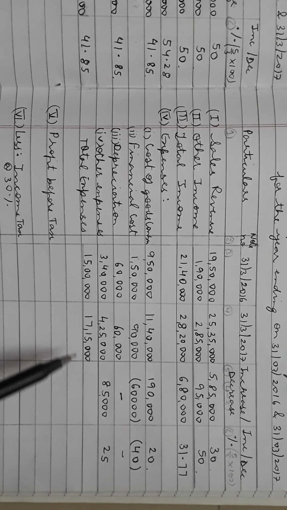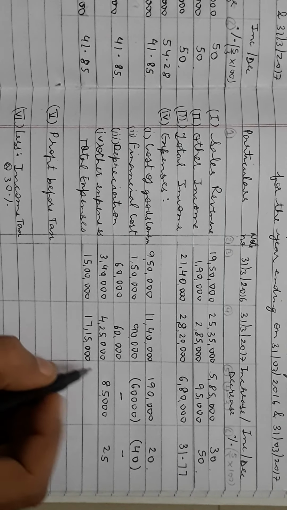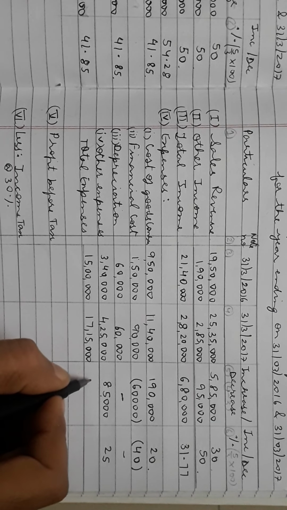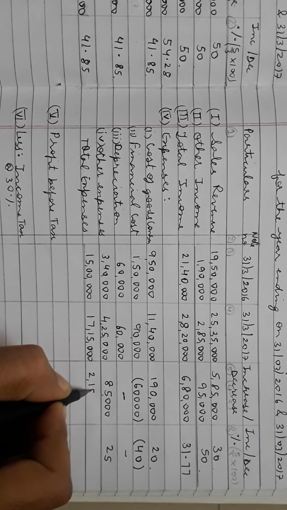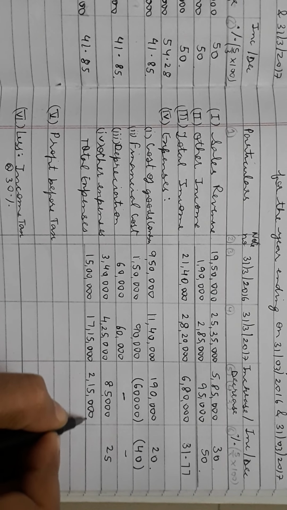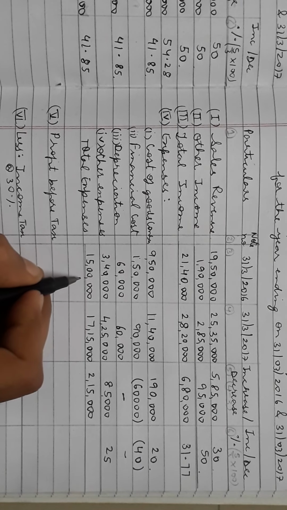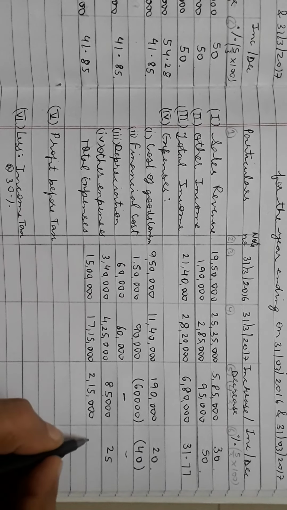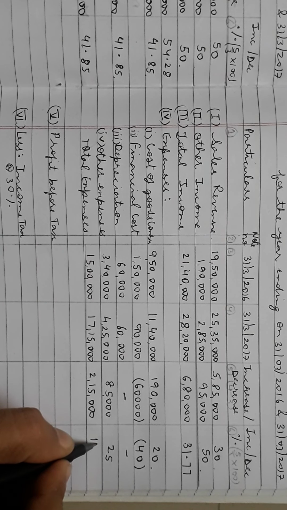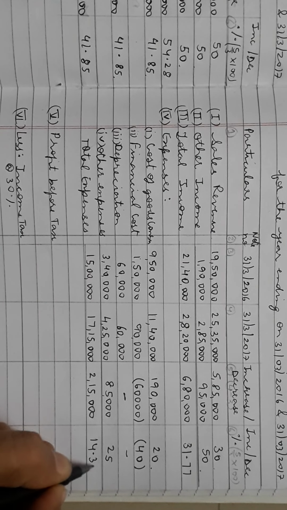Now increase decrease, again 17,15,000 minus 15 lakh, so we have got 2,15,000. Percentage, 2,15,000 divided by 15 lakh into 100, so it is 14.33.